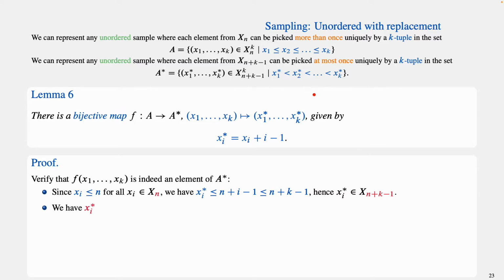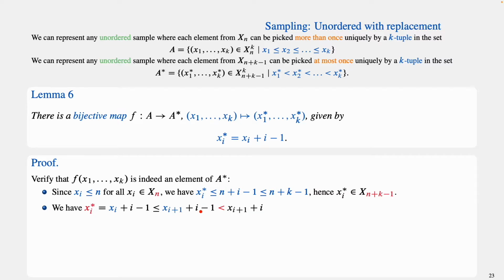Now we need to verify that the xi stars are really ordered strictly. So we have xi star by definition equal to xi plus i minus 1. xi is, because it's from the set A, less or equal xi plus 1. So this is less or equal xi plus 1 plus i minus 1. And this is strictly less than xi plus 1 plus i.